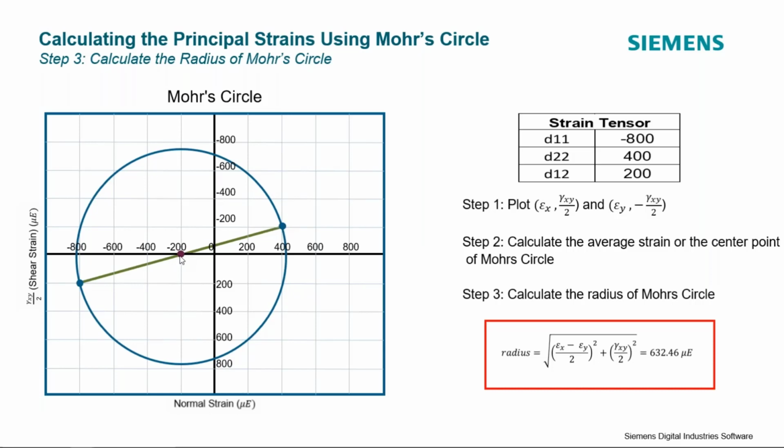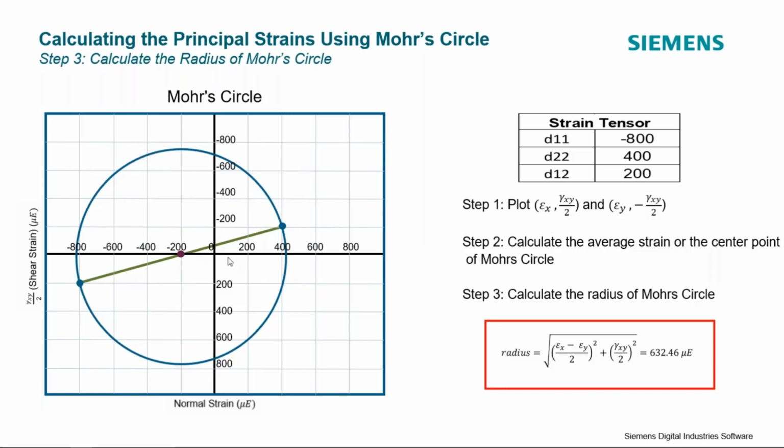For my point on my test structure, Mohr's circle describes the relationship between the normal strains, epsilon x and epsilon y, and the shear strain at a specified angle. So this circle gives me all of the possible strain states at that point, depending on my angle.